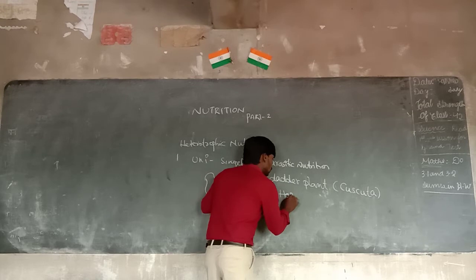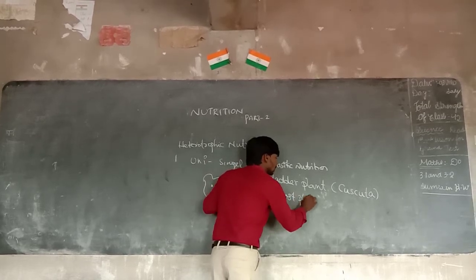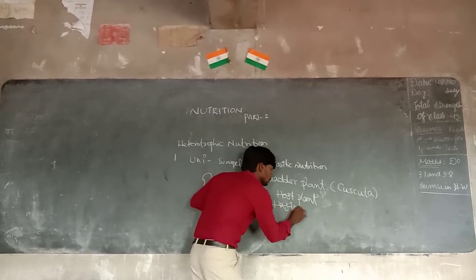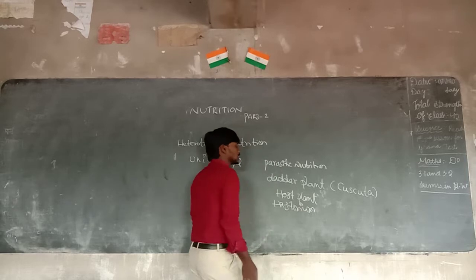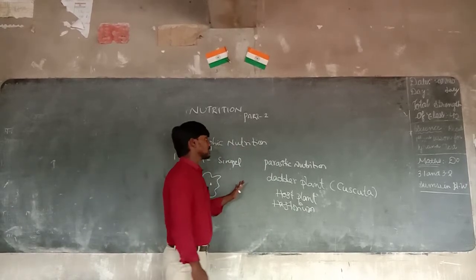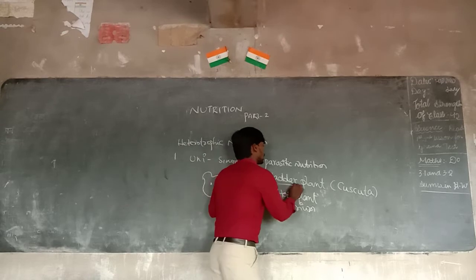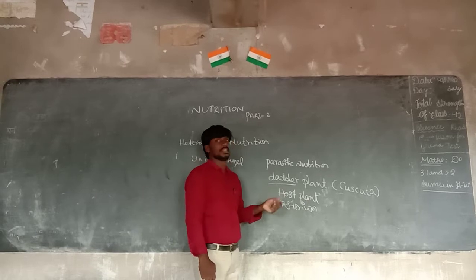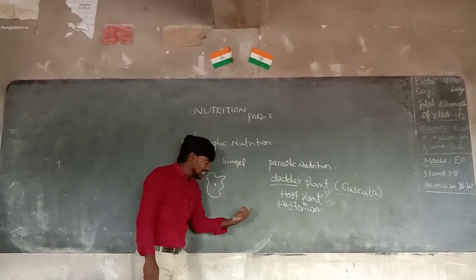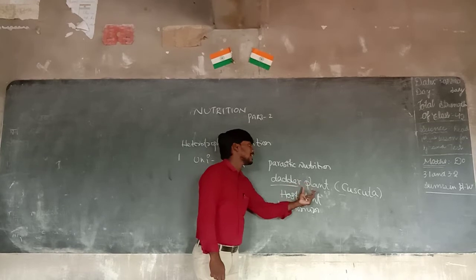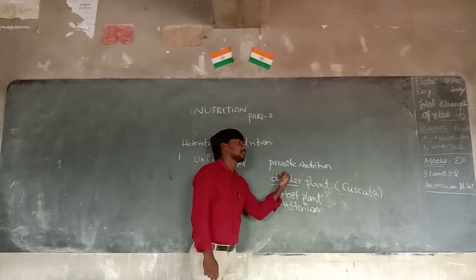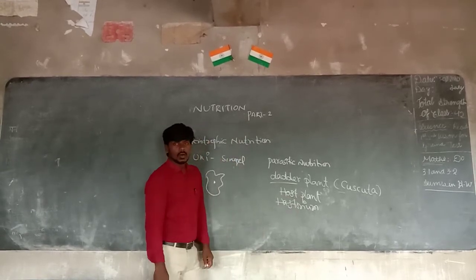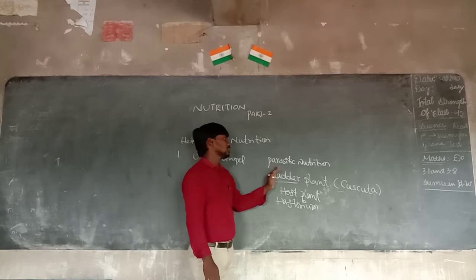That is called the host plant or animal, and the absorbing organ is called the haustorium. Okay, in the parasitic nutrition, mainly the dodder plant or Cuscuta belongs to this family. It depends on the host, so that is called the host plant. This is parasitic nutrition in the dodder plant.